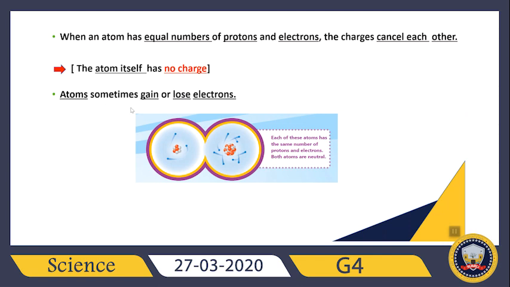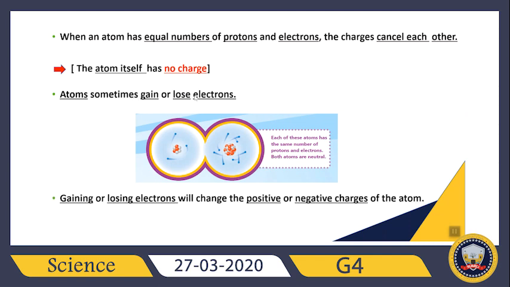Atoms sometimes, not always, gain or lose electrons. But gaining or losing electrons will change the charge of the atom, making it positive or negative. For example, here the atom is neutral. Neutral means it's not positive or negative.